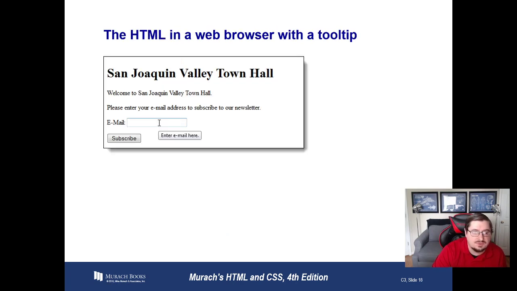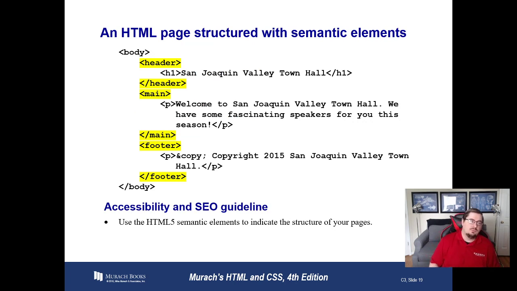Some other tags that we can use. These are what we call semantic tags. These were introduced as part of HTML5. What they do is they give some more hints to screen readers and search engines that may be looking at your application.